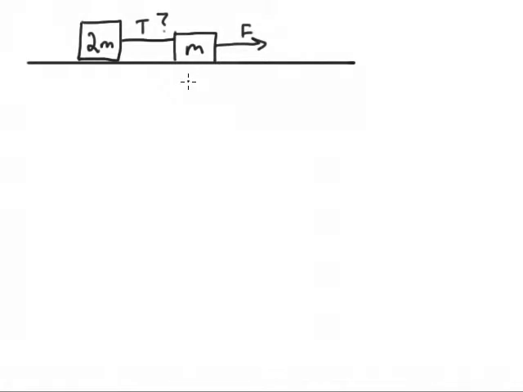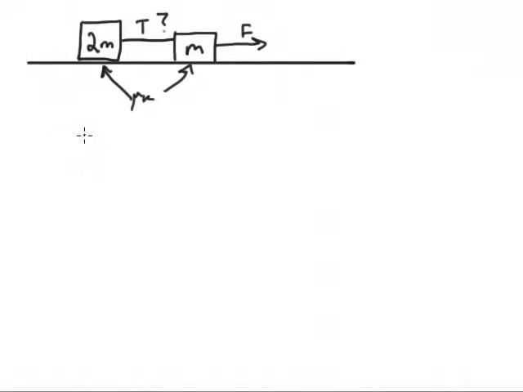Our two options for forces due to friction are static friction and kinetic friction. Since these are moving, and accelerating, we're going to be using the kinetic friction. So there's going to be a mu k acting where both of these are hitting the ground.